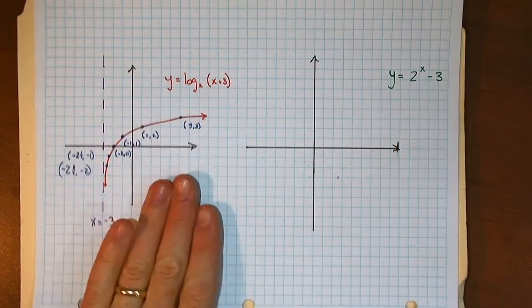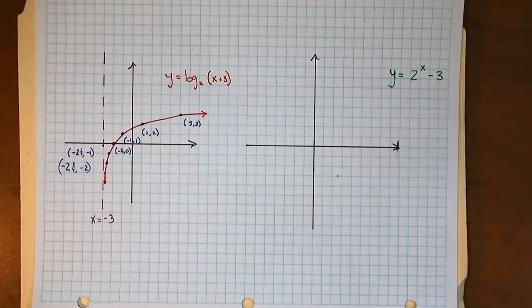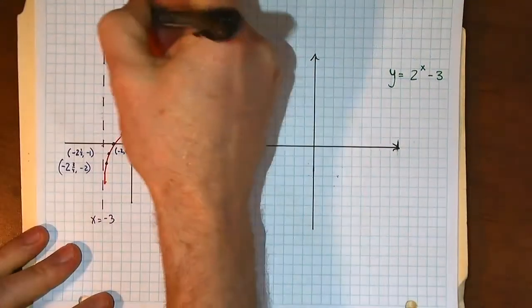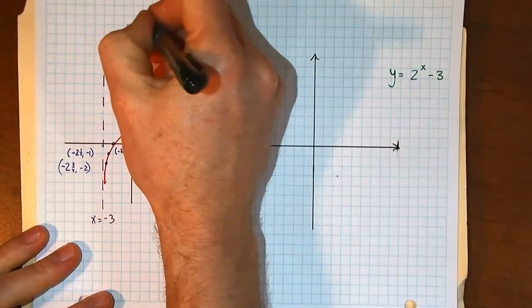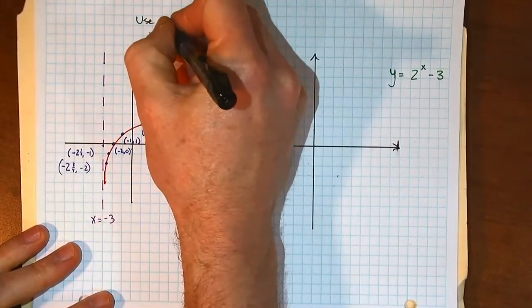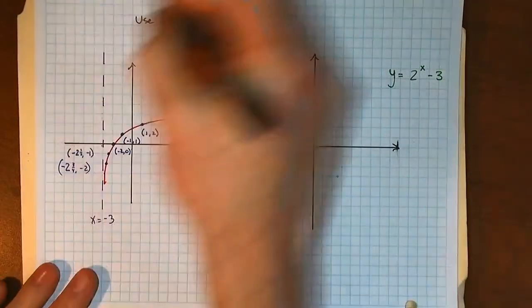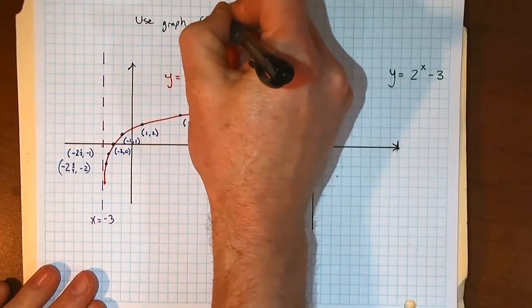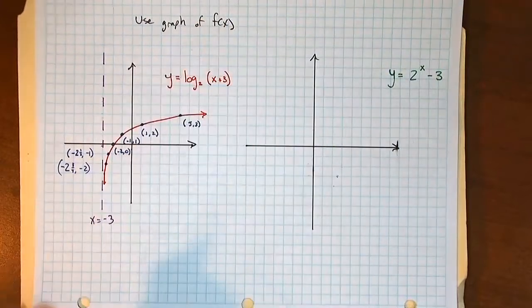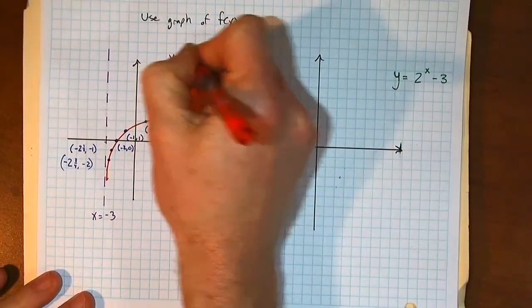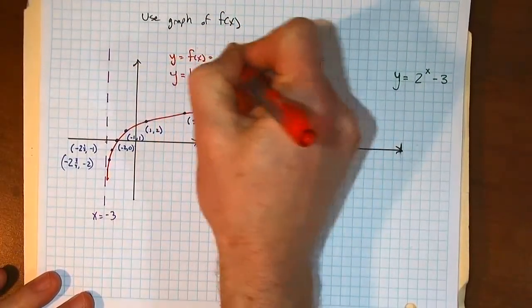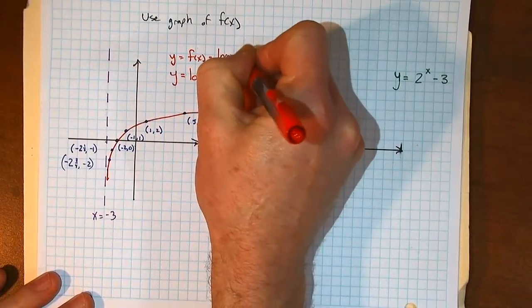All right, so hopefully you've got my first graph here copied down and in your notes. And what we're going to do on here is we're going to use the graph. The way this would be written in a generic form in the homework is it would say use the graph of f of x. And so this over here, this would be f of x, okay? So we would be saying log base 2 of x plus 3.